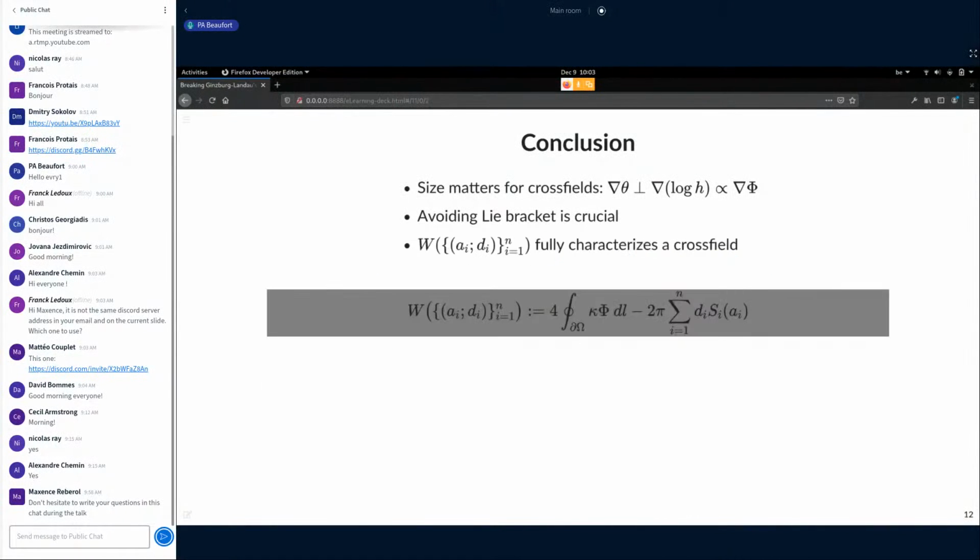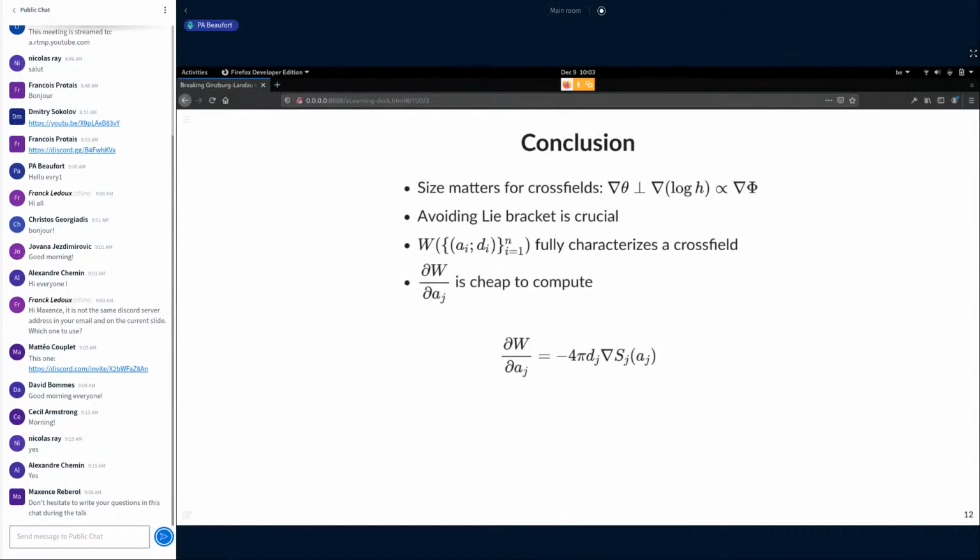Okay, I have told you that we could have a simpler energy in order to optimize the crossfield based on the critical point. Its gradient was really cheap to compute, and if you want to do it efficiently, you should do it in a parallel way, because it's embarrassingly parallel.